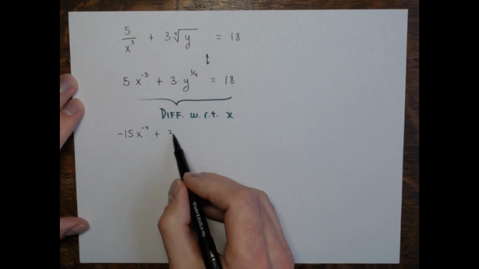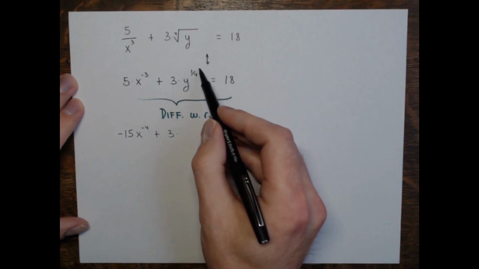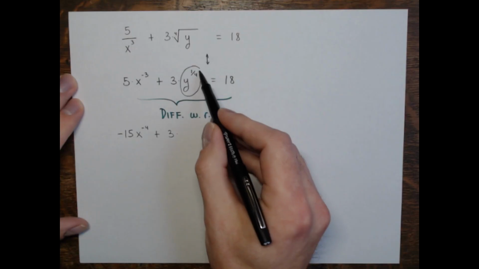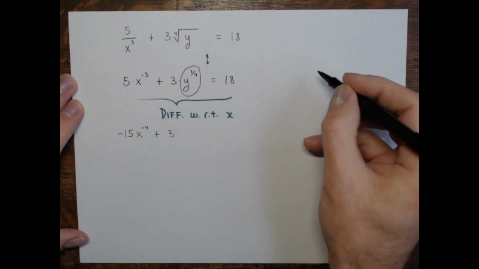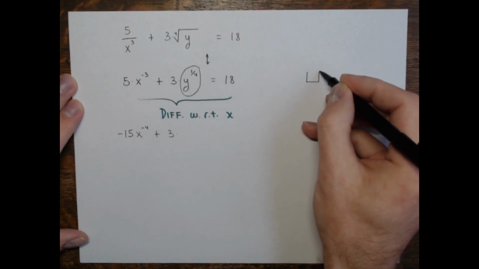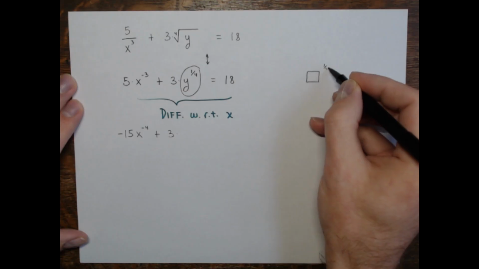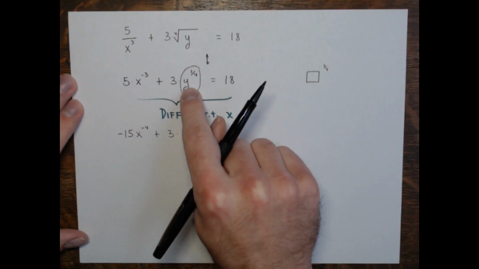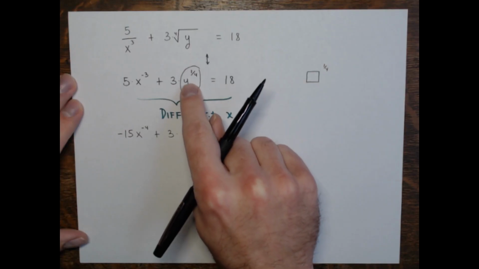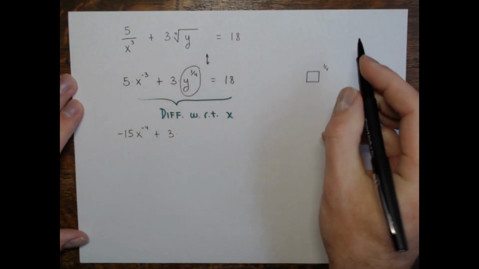And here we have 3 times, and just like the other problems, this is y to the 1/4, not x. y is implied to be some function of x, something with x's in it to the 1/4 power.